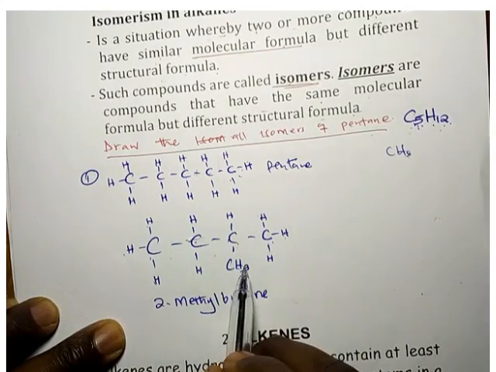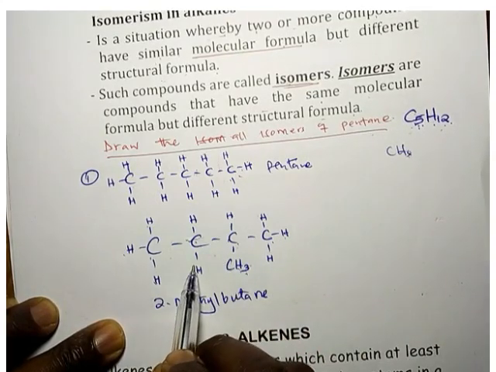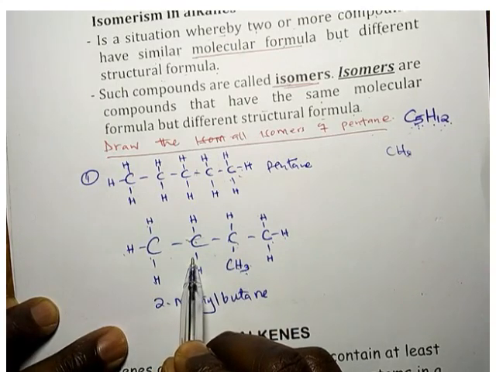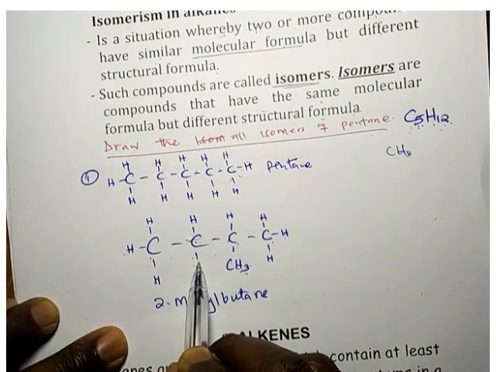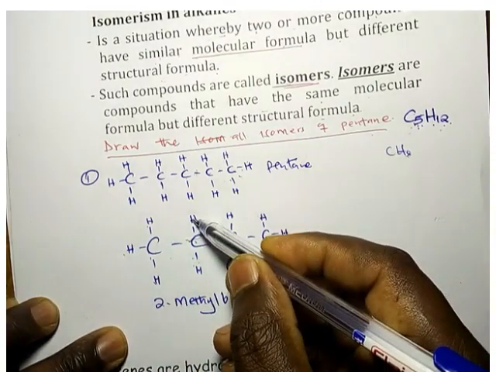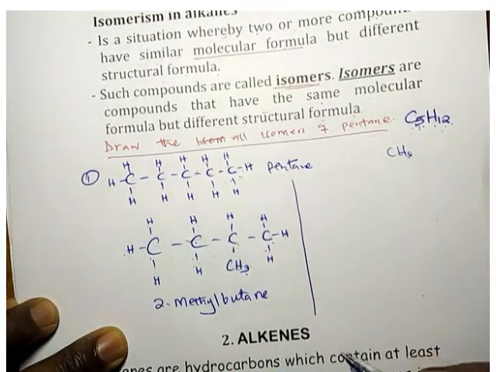There is still another one. If you move this one here, the structure will change. So you move this one here, that is another isomer. No, it will not be another isomer. So I can remove another one here and put it here, like this. 1, 2, 3.